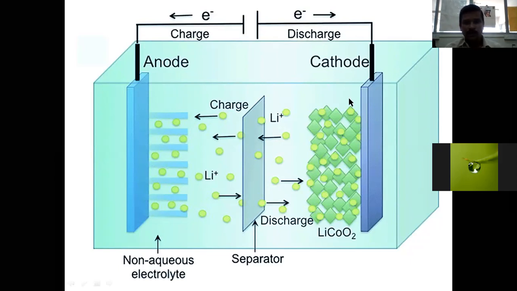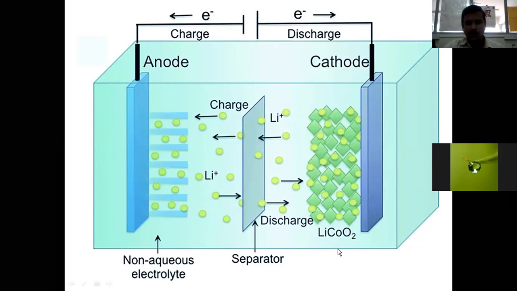What will happen during the charging and discharging process of these lithium ion batteries? Lithium ion is going to be produced during the discharge process.